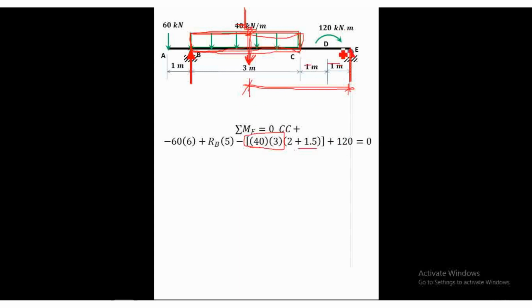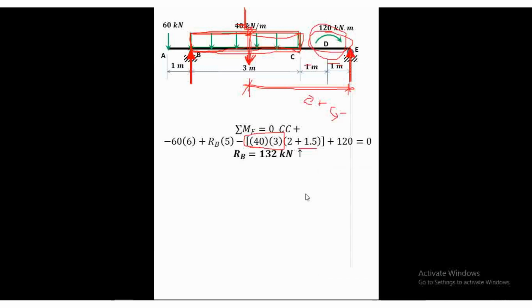And since this is a moment, hindi na kailangan ng moment arm kasi moment na to. And here is our notation. Kapag clockwise, ang direction ng moment positive. Kapag naman counterclockwise, negative. Kaya since this is a clockwise moment, plus 120. Nagkaintindihan tayo?